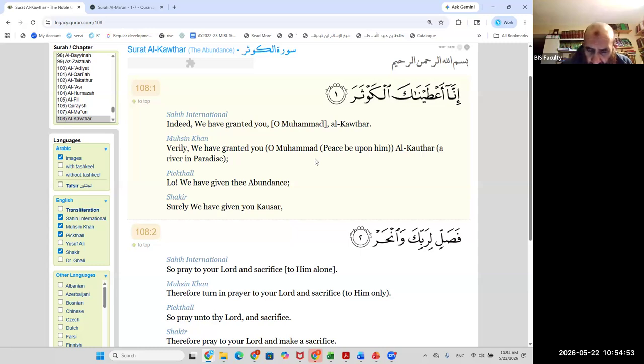And the implied fa'il, implied doer, is أنت, because command is always directed to the second person, you. In this case, it is أنت, the masculine singular.